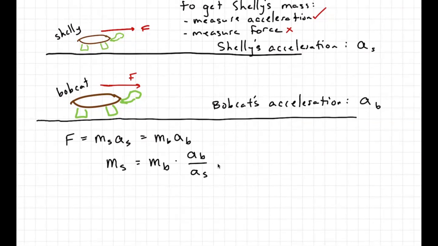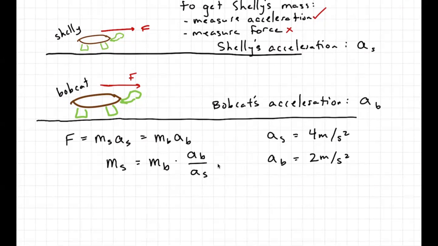And so let's take an example. Let's say that I measured Shelley's acceleration to be 4 meters per second squared, and I measured Bobcat's acceleration to be 2 meters per second squared. And that checks out, because Bobcat's acceleration is less than Shelley's.